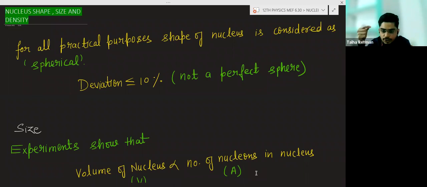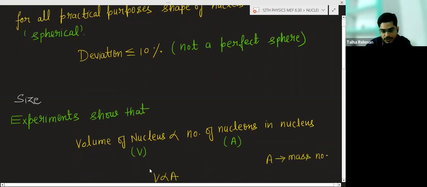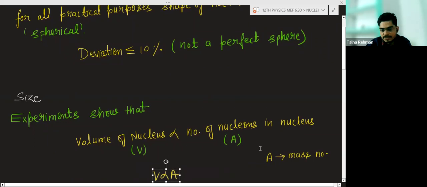The more nucleons, the more the volume of the nucleus. This was found out by experiment. So suppose V is the volume of the nucleus and A is the number of nucleons, which is also the mass number. So V is directly proportional to A, and A is the mass number.